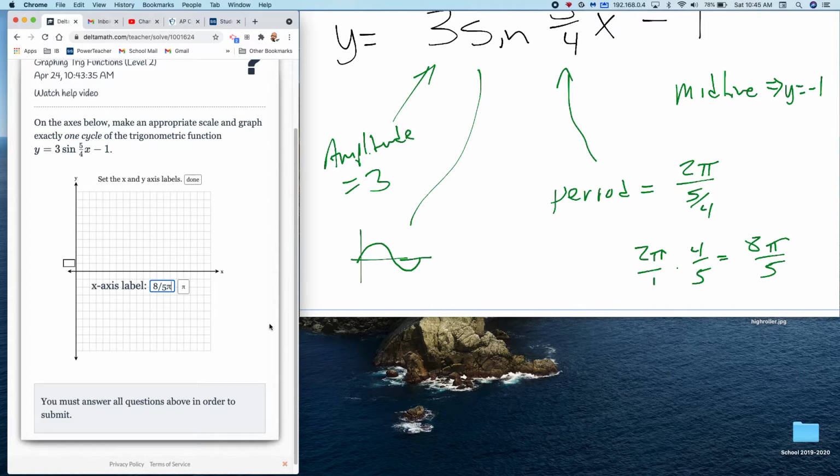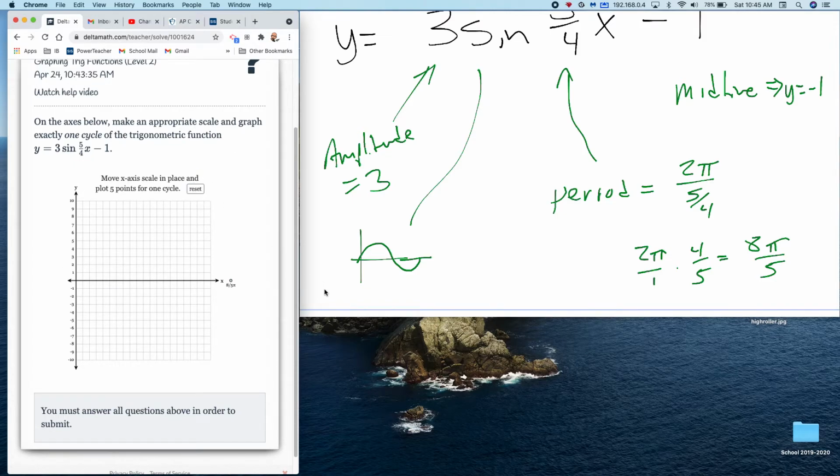I'll show you what that allows me to do, but that's going to allow me to generate this period. The x and the y-axis, I know that my midline is -1, my amplitude is 3, so if I make this go by ones, that would be sufficient. So I'm just going to make it go by ones. And that's going to set my x and y-axis.